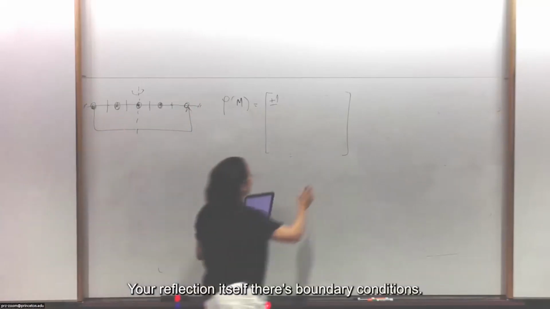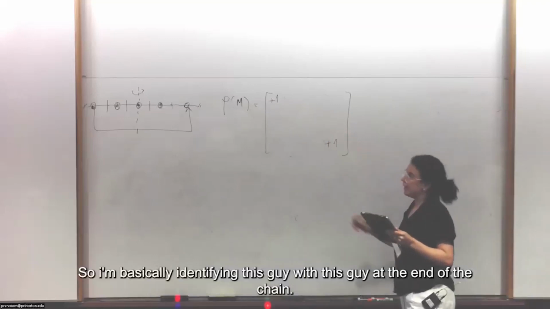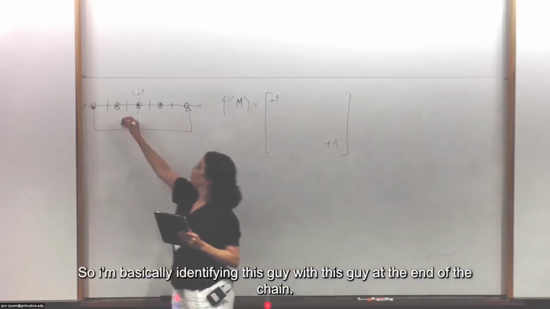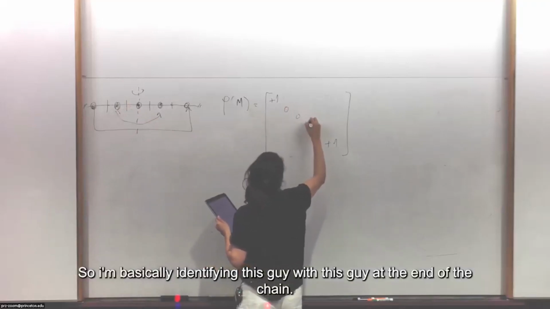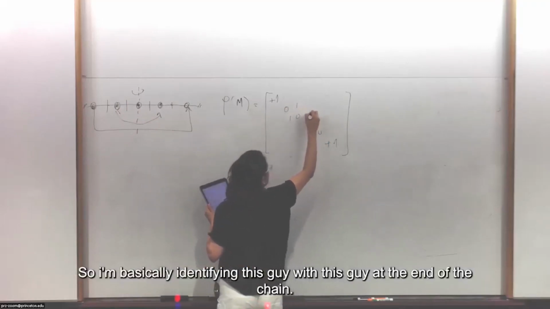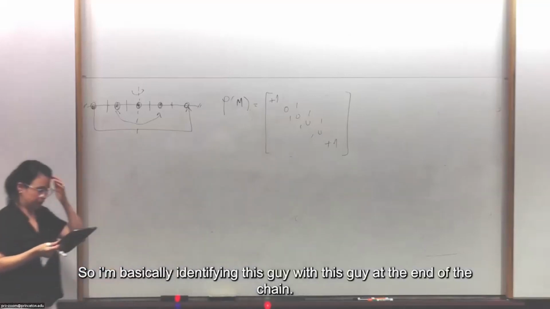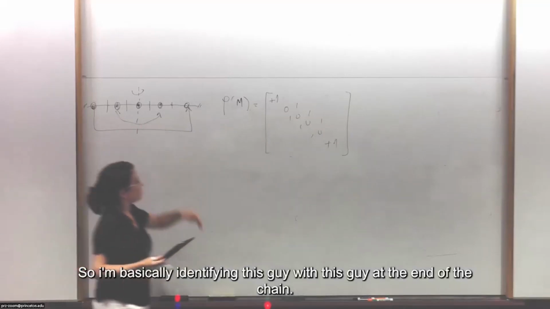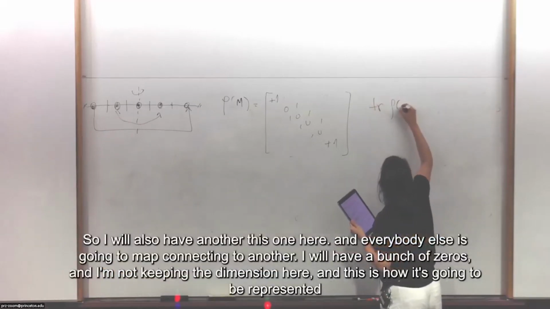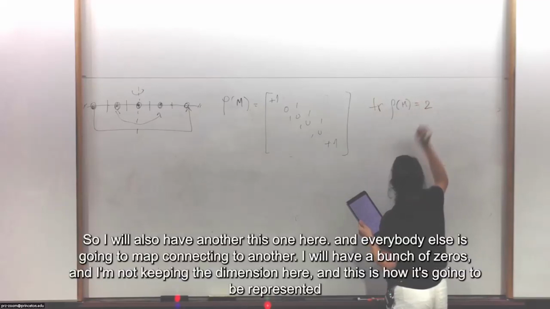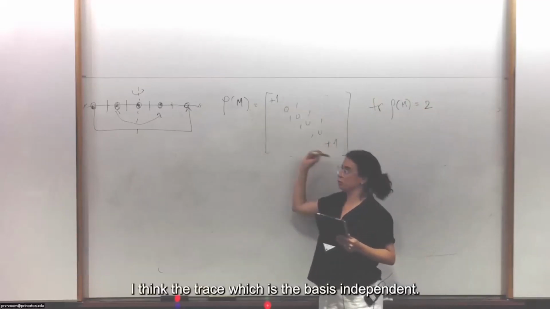So I will also have another +1 here, and everybody else is going to be mapped into one another, so I will have a bunch of zeros, and I'm not keeping the dimension here. This is how it's going to be represented in the space. If I take the trace, which is a basis independent quantity of this operator, I'm going to have 2, because nothing else matters, only those 2 sites.